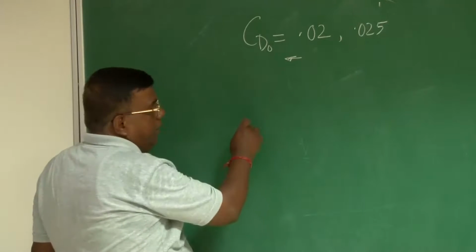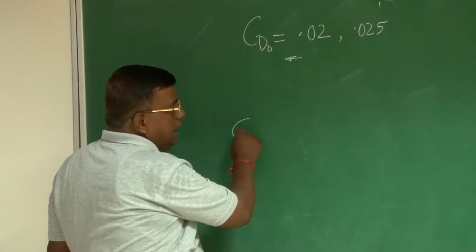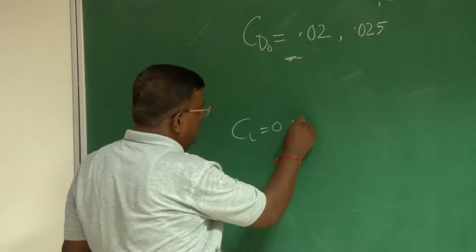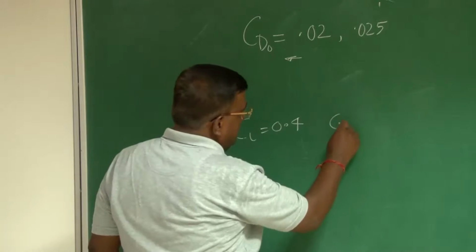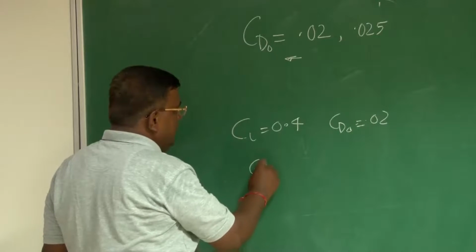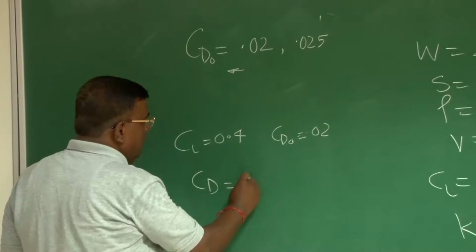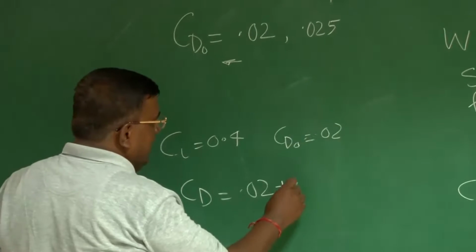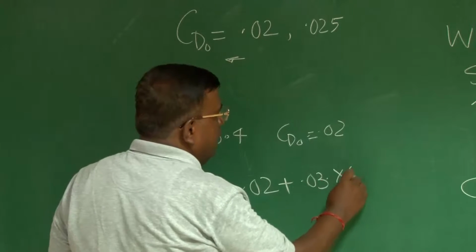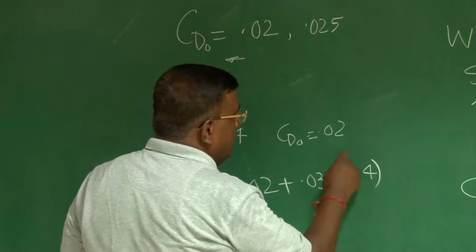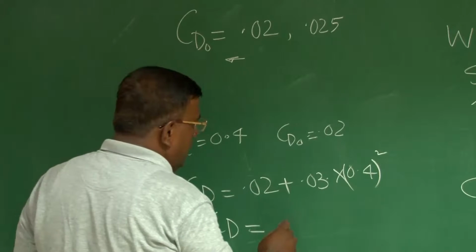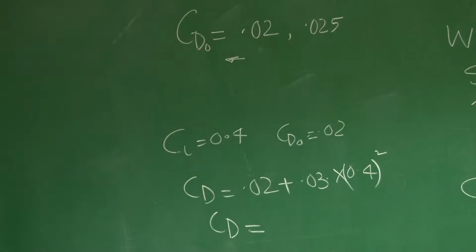So if CD naught is 0.02, then what I am getting: CL is equal to 0.4, and CD naught equal to 0.02. So CD equal to CD naught 0.02 plus K CL square, K is 0.03 into 0.4 square. So CD will be roughly equal to how much? Let me check.